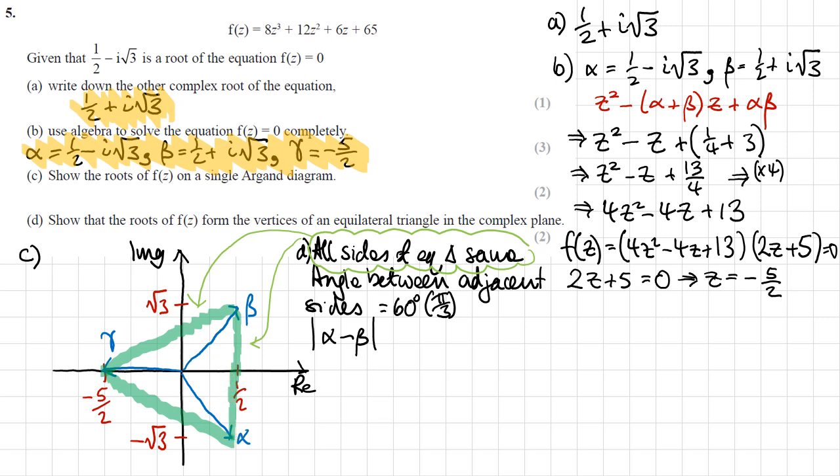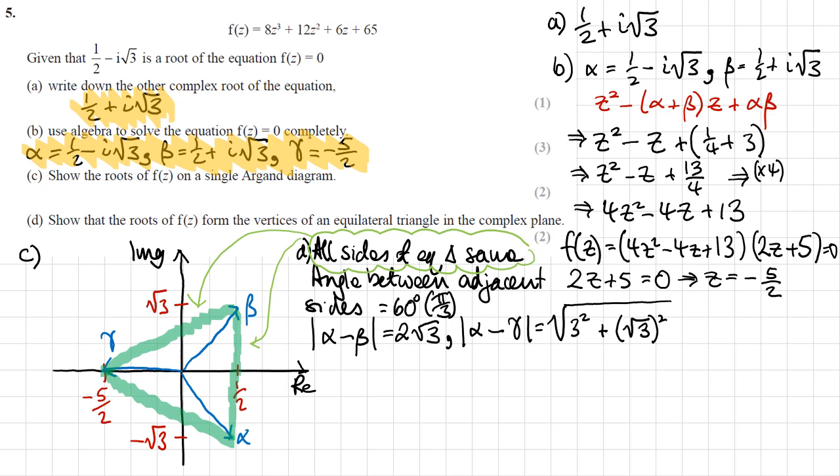So the length of that side is 2 root 3. Let's move on to another side, and let's look at the length of the side between alpha and gamma. So this is the modulus, the length, the distance between these two vertices alpha and gamma. Now that's going to be equal to the square root of 3 squared plus the square root of 3 squared.